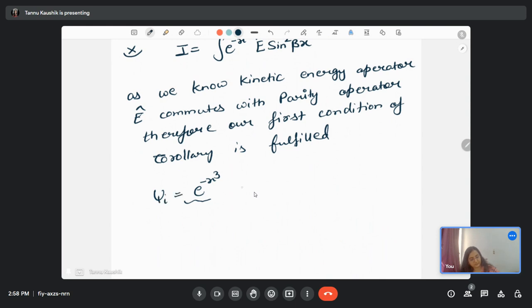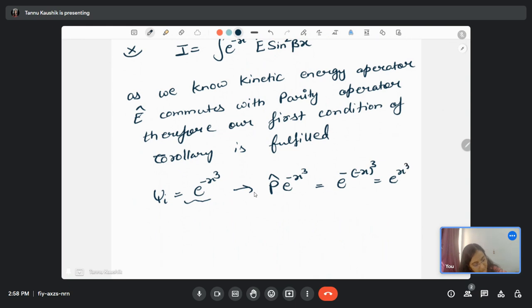Now let us check whether this e raised to minus x cube is an odd function or an even function. For this, we will apply the parity operator on it. What will we get?